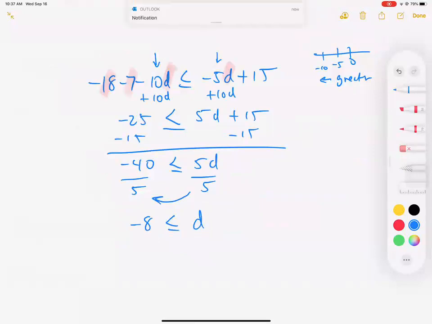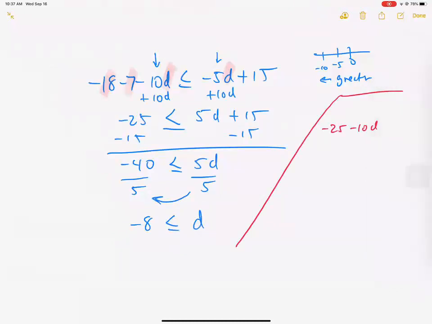Now, I'm going to do this same problem, but I'm going to do it right here. Let's write negative 25 minus 10d is less than or equal to negative 5d plus 15. What if I move the d's not to the easier side, but just the less easy side?